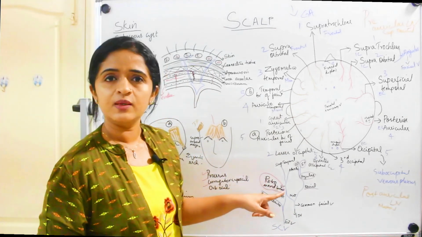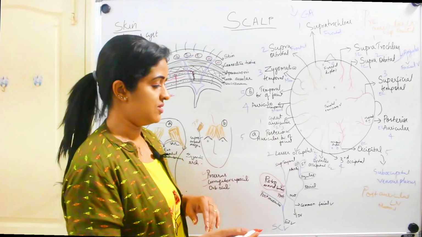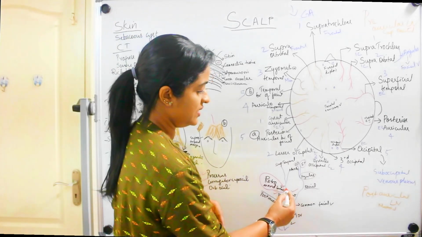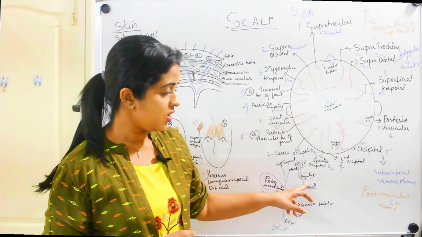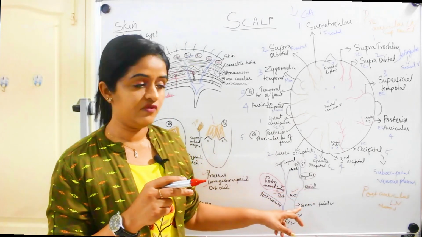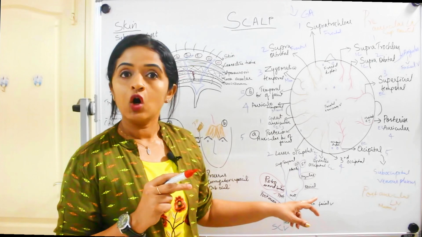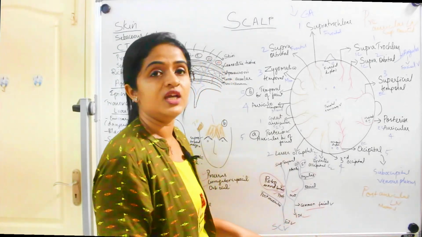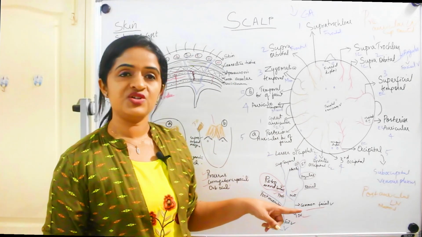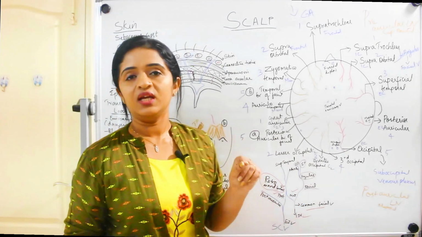This retromandibular vein has 2 divisions, the anterior division and the posterior division. The anterior division joins with the facial vein which I have already mentioned to form the common facial vein, which drains into the internal jugular vein. So the common facial vein is a tributary of the internal jugular vein.